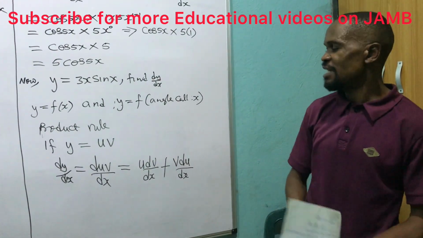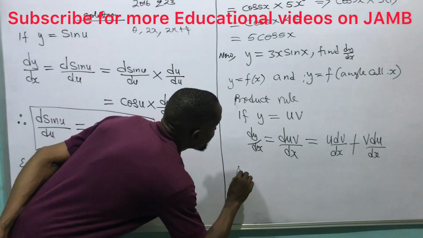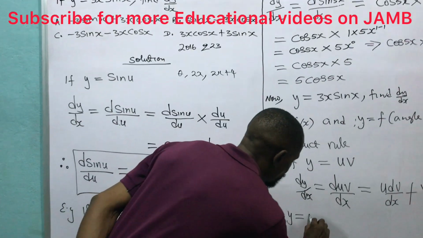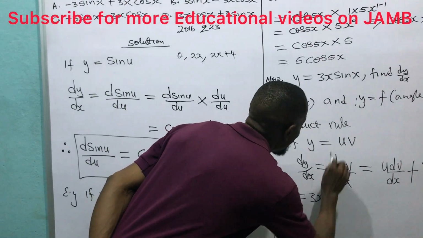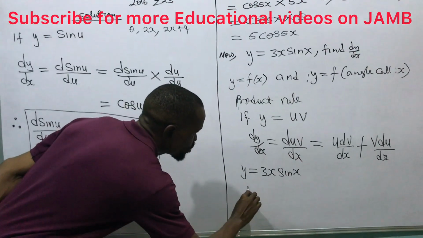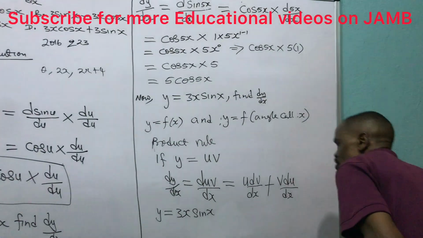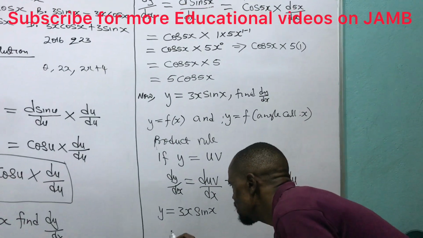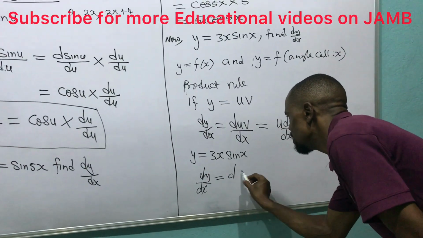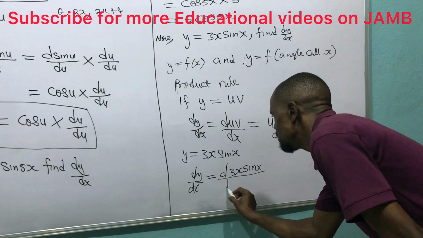Therefore, in our question, y equals 3x sine x. We are going to substitute it. I will have dy/dx equals d(3x sine x)/dx.